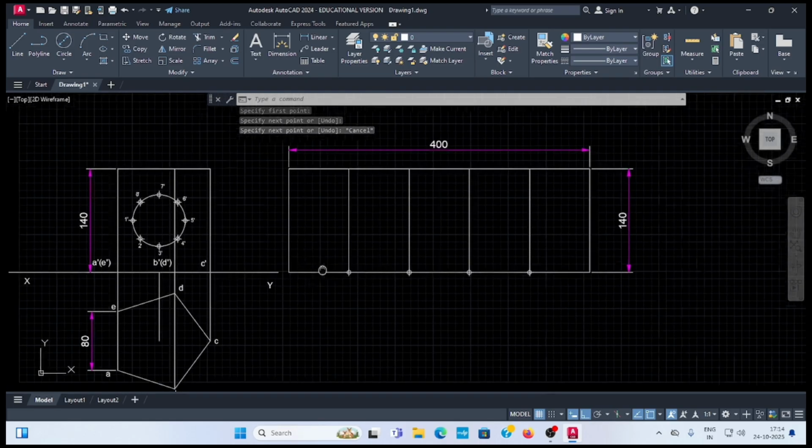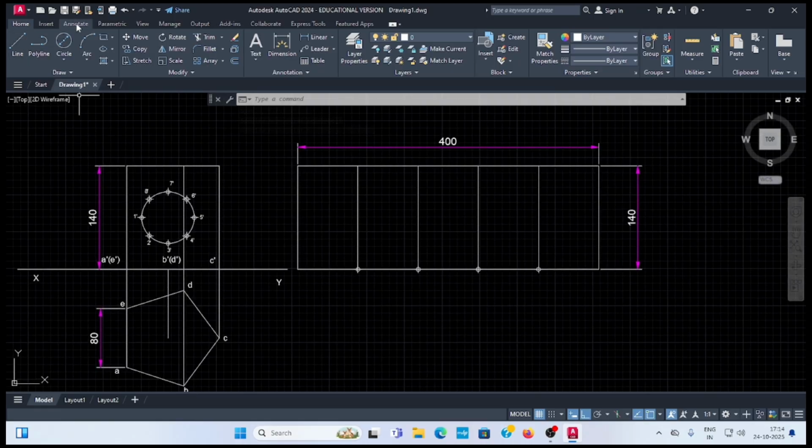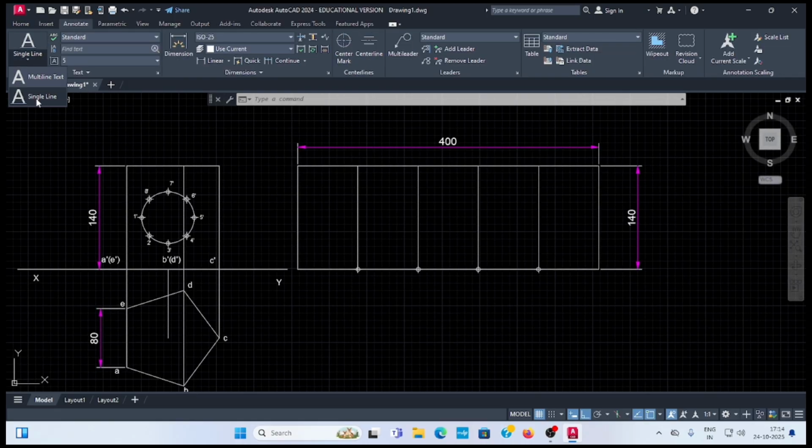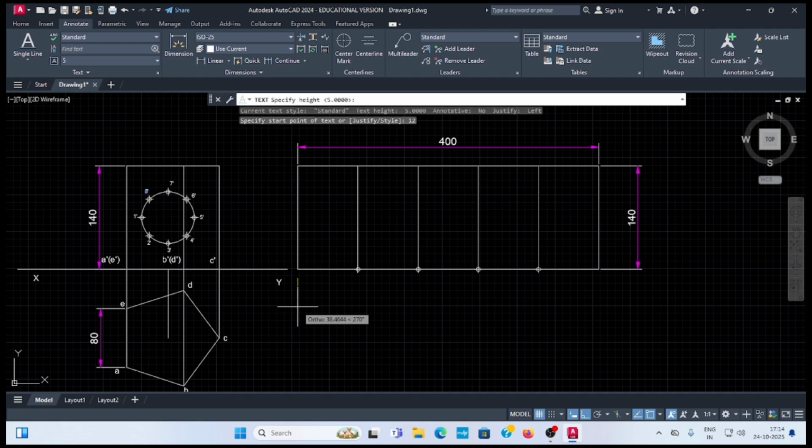Here also give the naming. Go to single line text. Letter height I give 12, enter, and angle of rotation 0, enter.